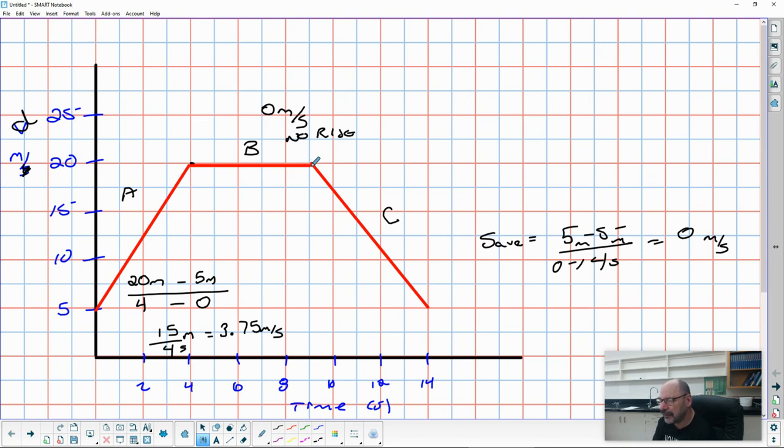Okay, and then this one here, we're going downwards. We start over here. We went from the 9-second mark to the 14-second mark. So we had 20 meters at 9 seconds minus 5 meters at 14 seconds.